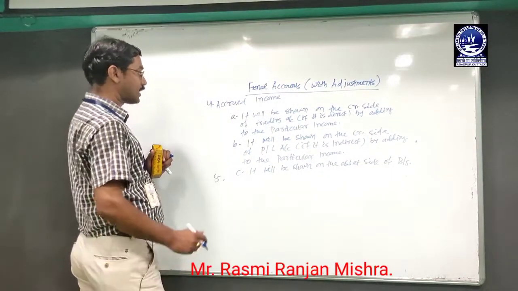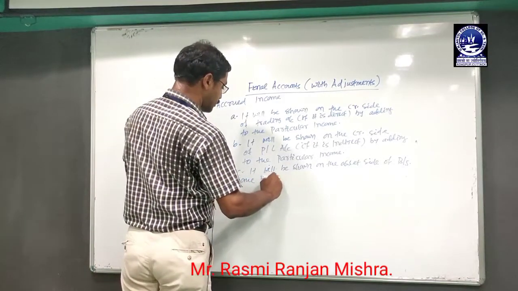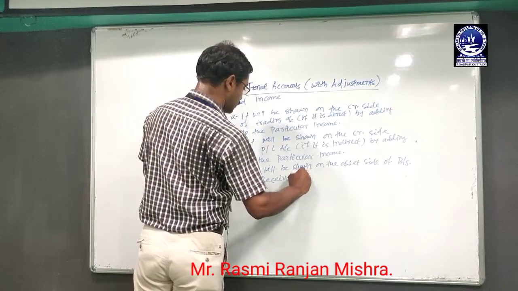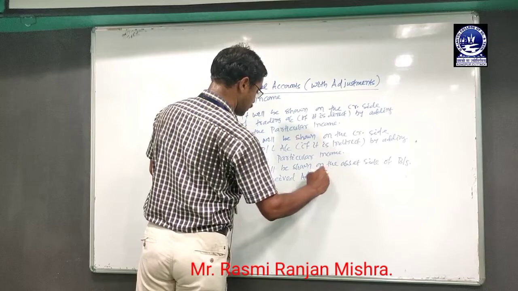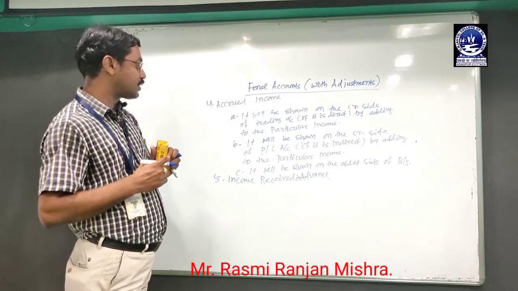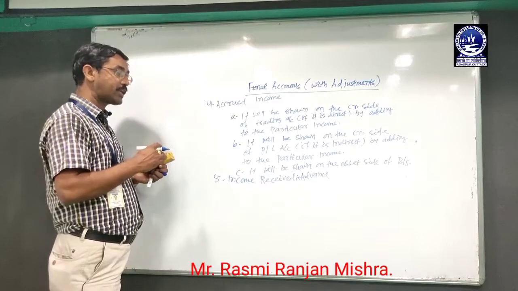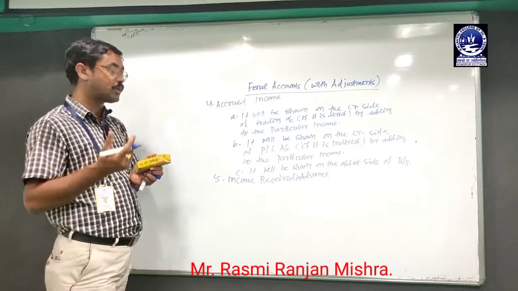So the next is income received in advance. What do you mean by income received in advance? That means income that does not relate to the current period but that we received in advance, that is, relating to the future period.